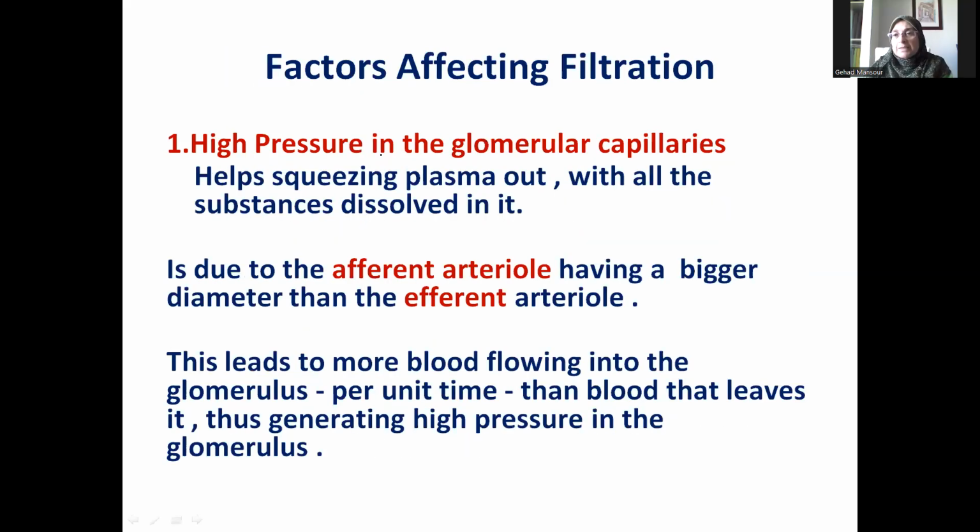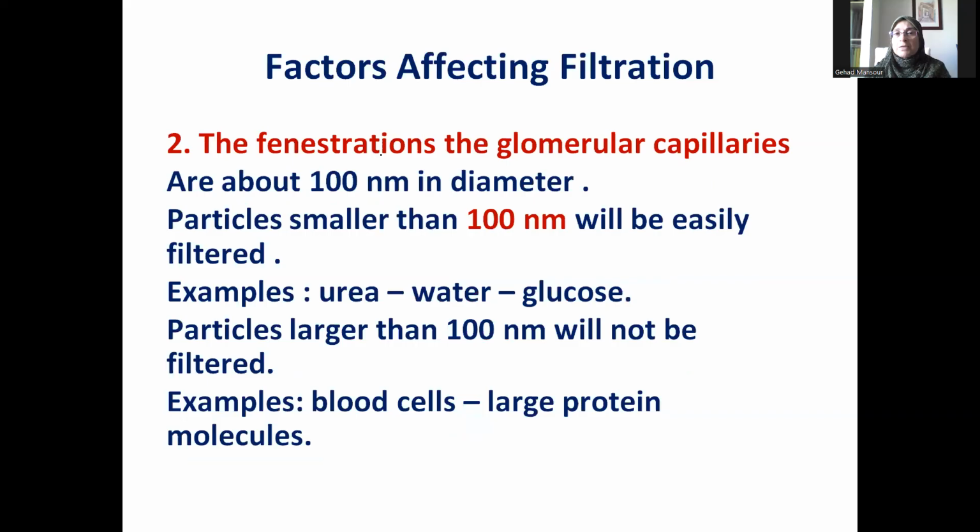The factors affecting filtration have been mentioned before. We talked about high pressure in the glomerular capillaries. We talked about the fenestrations, and here you have to mention the diameter, which is 100 nanometer, and a nanometer is 10 to the power minus 9 of a meter. Anything smaller than 100 nanometer will first pass through the fenestrations.